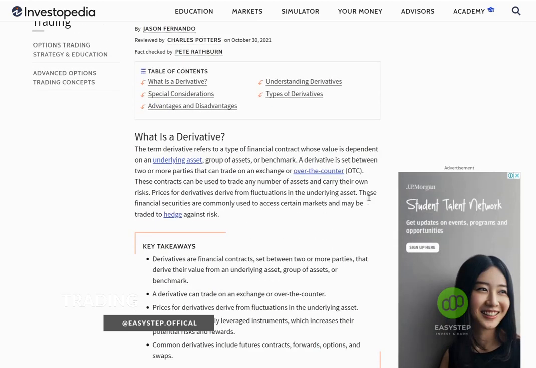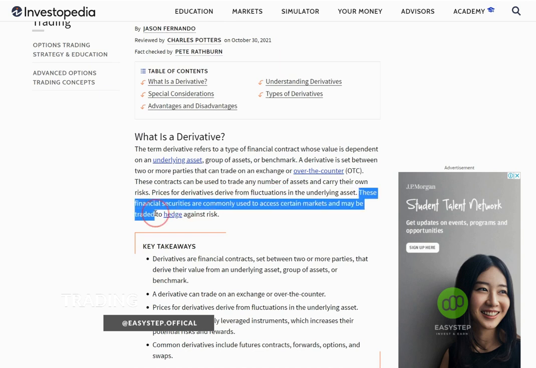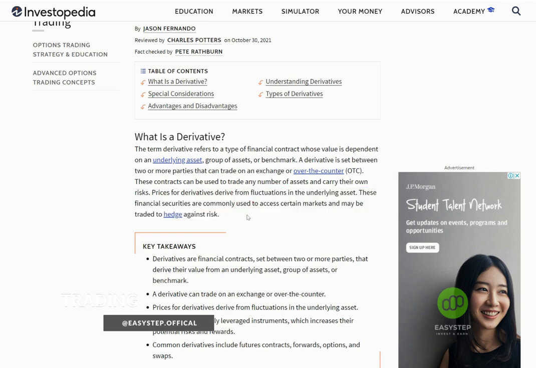Now, essentially, these financial securities are commonly used to access certain markets and may be traded to hedge against risk. So what Position Exchange is doing is allowing people on a decentralized exchange, Position, or POSI, to access markets that are normally on centralized exchanges.